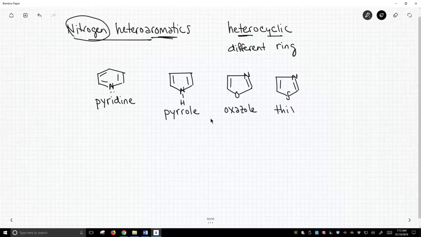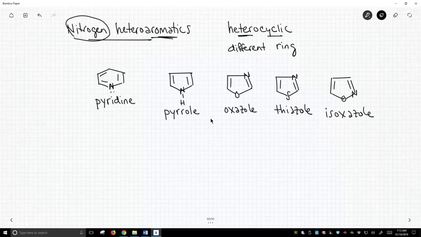Here is thiazole. Kind of a theme going on here with the -ole suffix. This is called isoxazole. Now, there are a lot more heteroaromatics than just these 5, but these are typical examples.